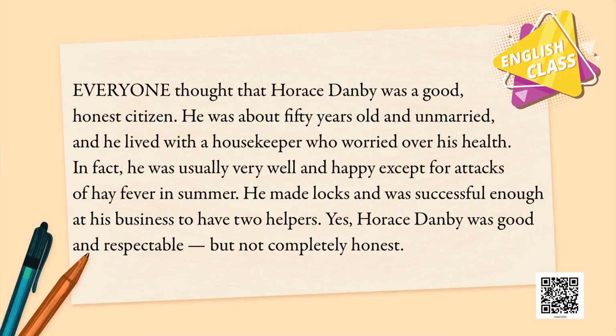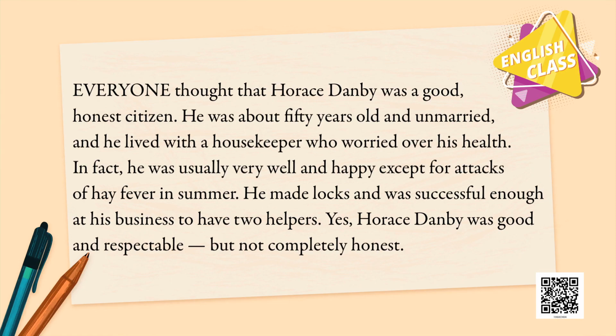The chapter. Everybody thought that Horace Danby was a good, honest citizen. He was about 50 years old and unmarried, and he lived with his housekeeper who was worried over his health. In fact, he was usually very well and happy except for attacks of hay fever in summer. He made locks. So what was his job? He was a locksmith and was successful enough at his business to have two helpers.